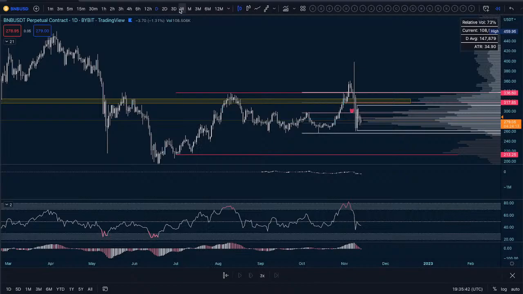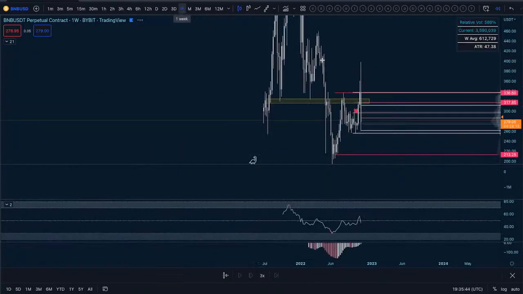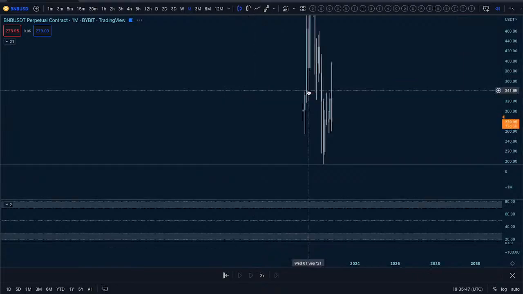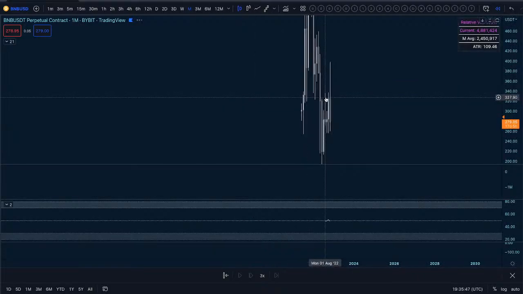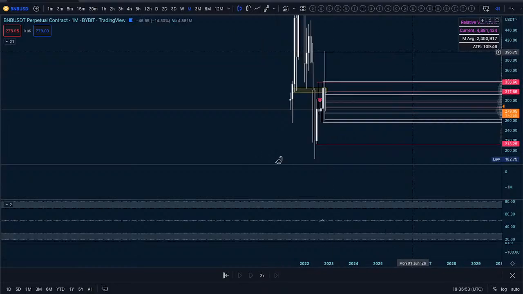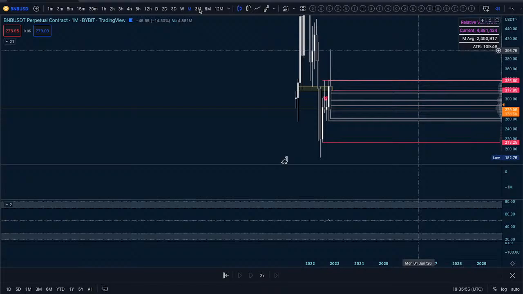I think we have this weekly or monthly range. Yeah, it's actually a three-month range, a quarterly range.